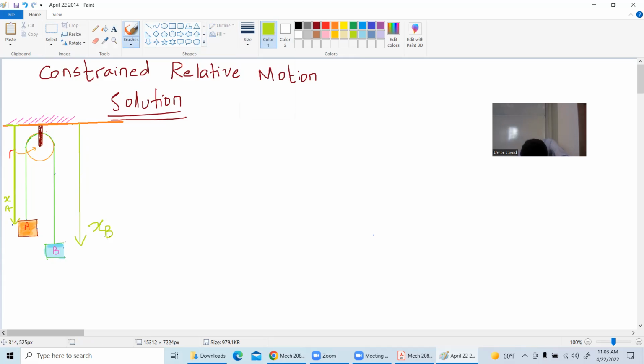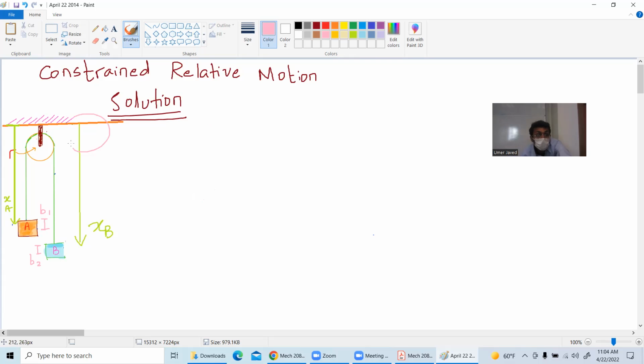XB, done. Now you can also name them as, let's say, height B2 if you want: 50% of this you can name as B2, and 50% of this fellow you can name as B1. Is this even visible to our students? Okay.